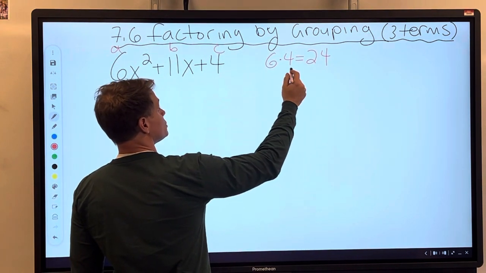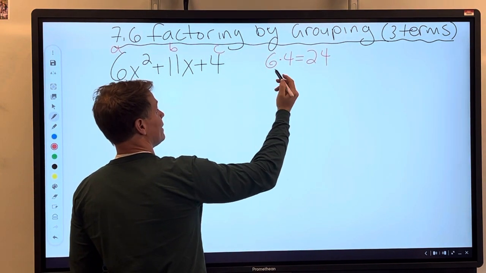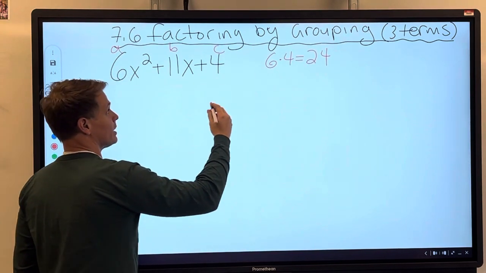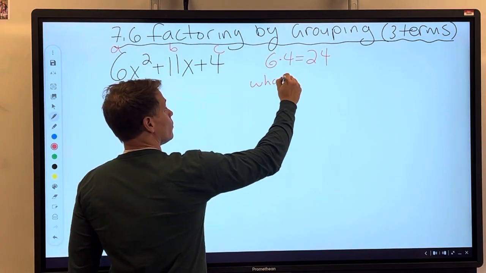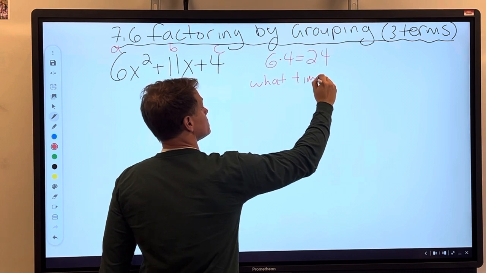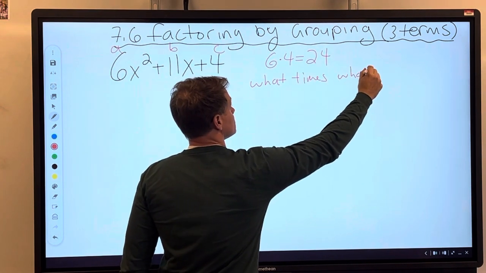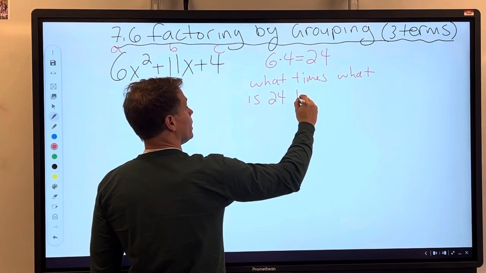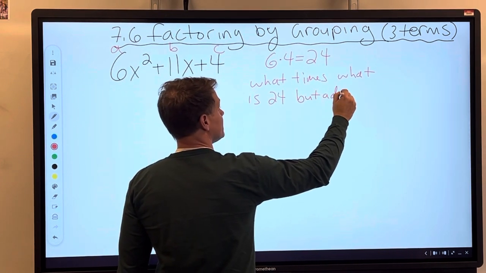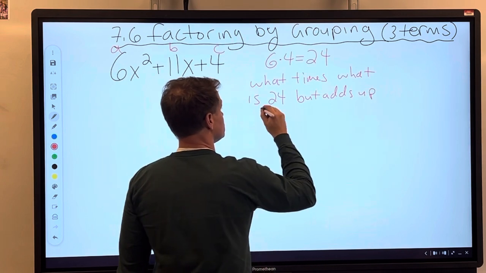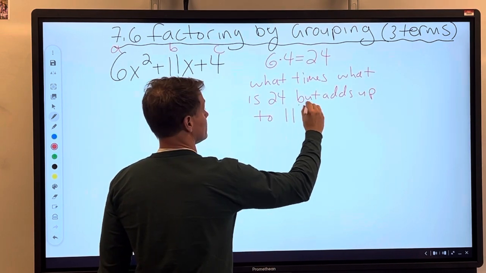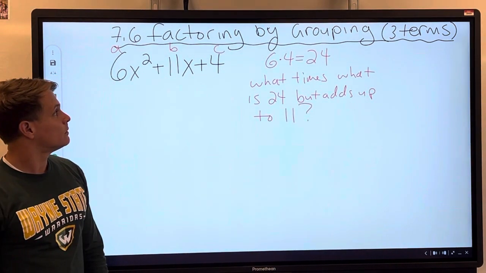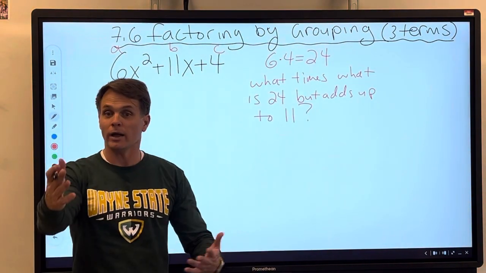So what times what is 24, but when I add gives me 11? And what's the answer to that? What times what is 24, but adds up to 11? Go ahead. 8 and 3.